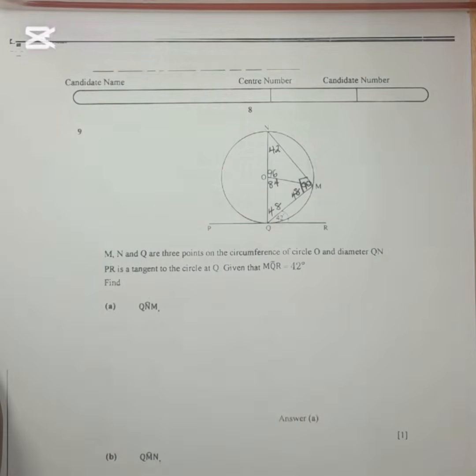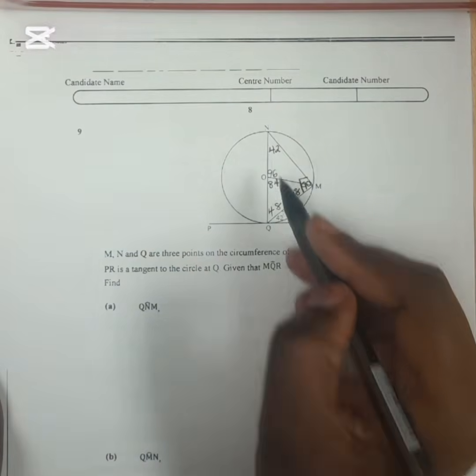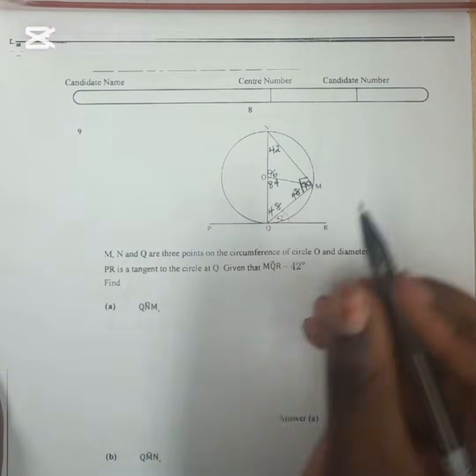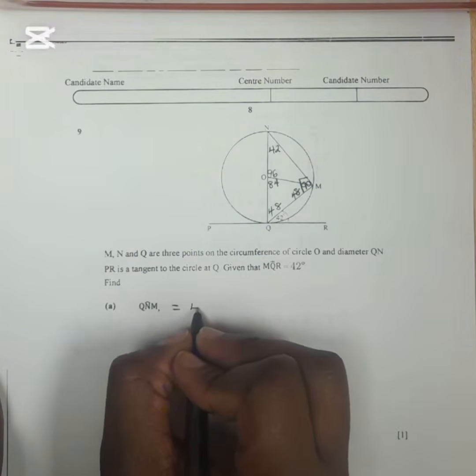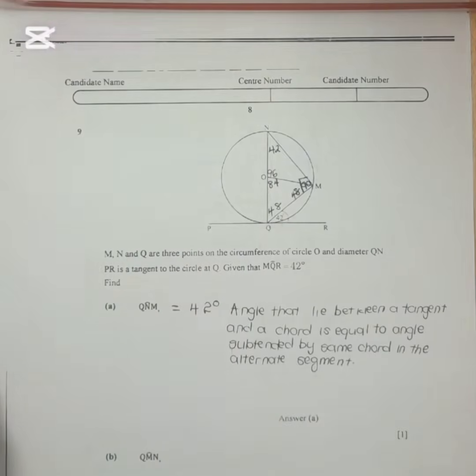So let us now answer the question. We are supposed to find QNM. So we already obtained 42 degrees. That is going to be our answer. So we have applied the alternate segment theorem, which says angle that lies between a tangent and a chord is equal to angle subtended by the same chord in the alternate segment.